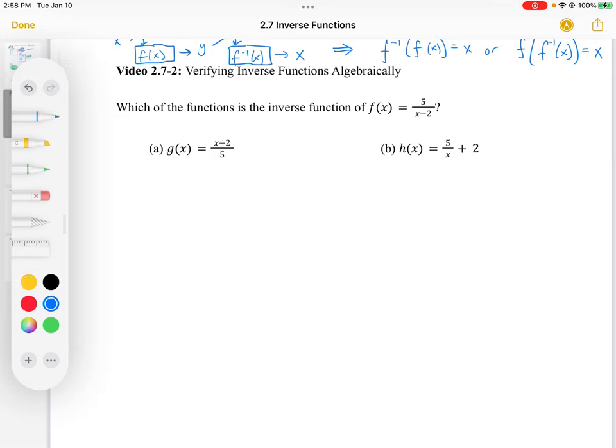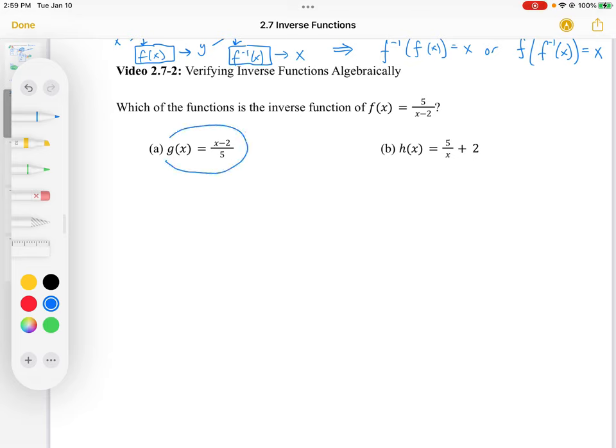So let's answer this question. Which of the functions is the inverse function of f of x equals 5 divided by x minus 2? These are supposedly the inverse functions.